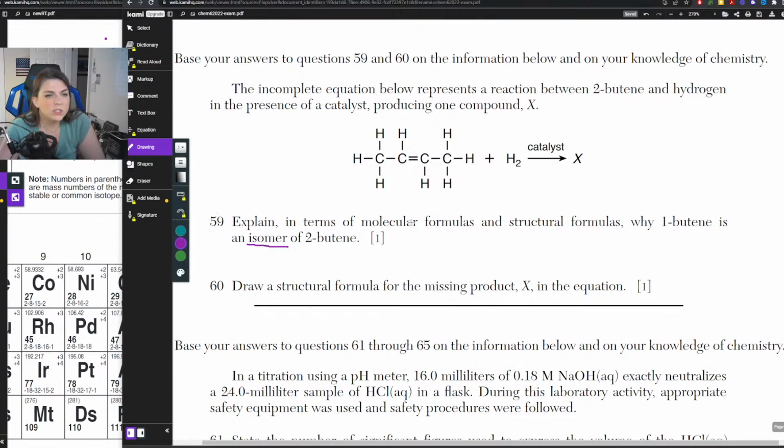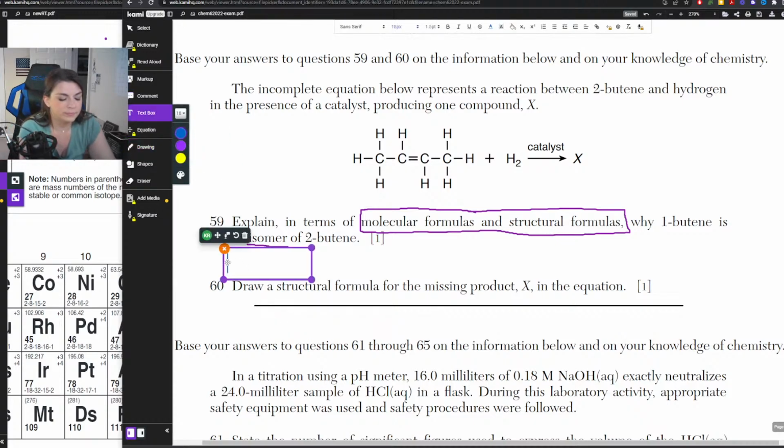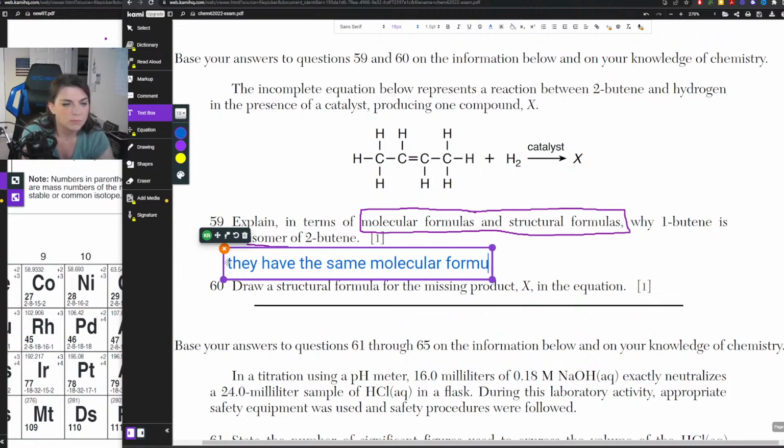And they're asking you specifically to talk about molecular formula and structural formula. So I would write they have the same molecular formula, but they have a different structural formula. They're built differently.